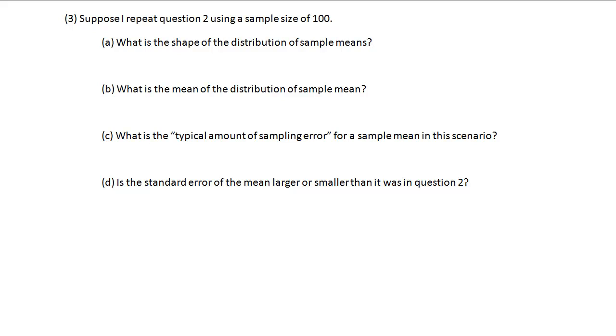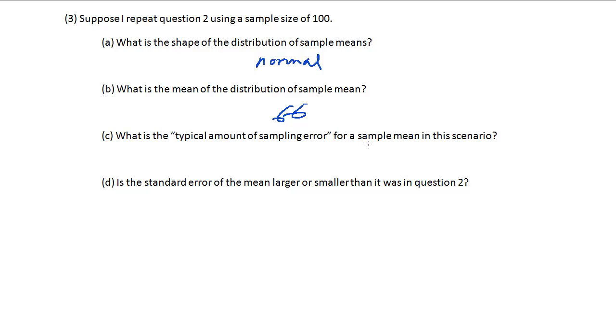At the same time, even if it's not normal, because the sample size is 100, it's going to be normal. What's the mean of the distribution of sample means? It's going to be the same anyway, so it's 66 again.